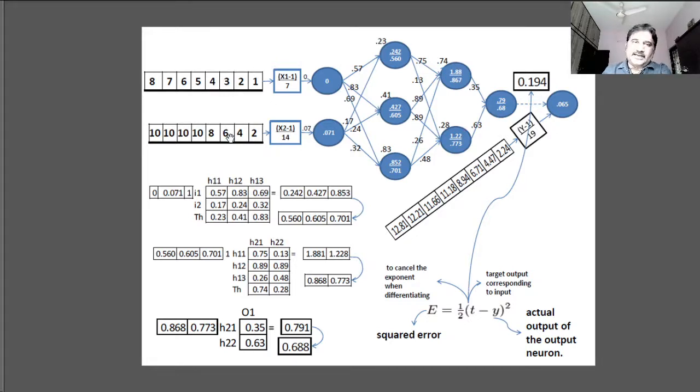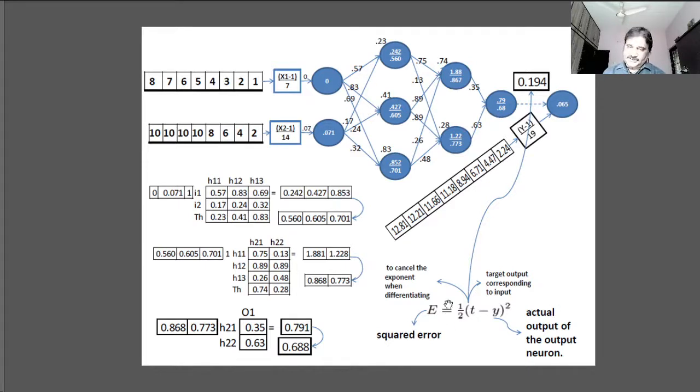Then the third data will be mapped between 0 and 1 and processed by the forward process, and you will get the error. You will square the error and add it to the previously accumulated squared error. This way all the data will be processed in the forward pass.